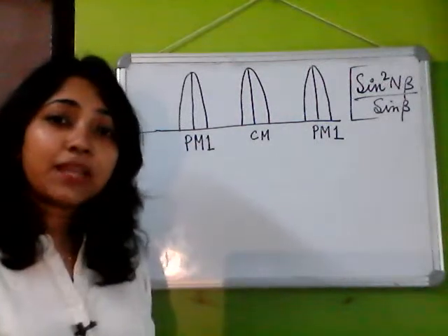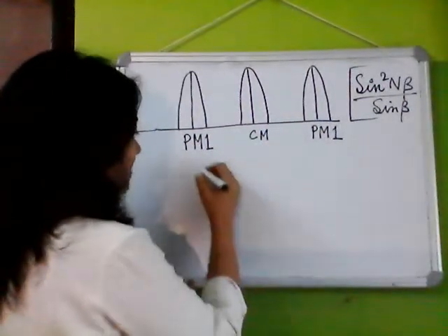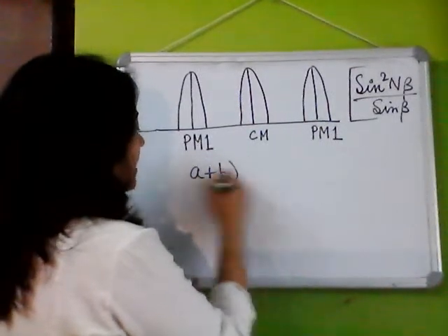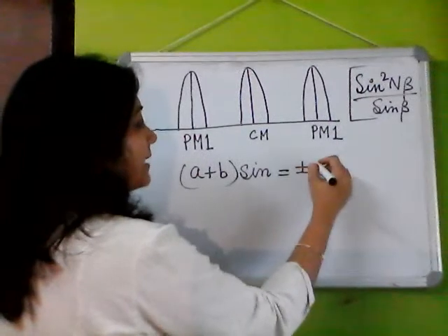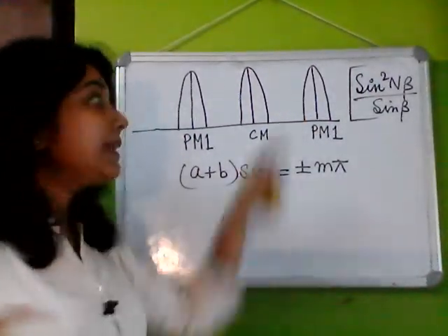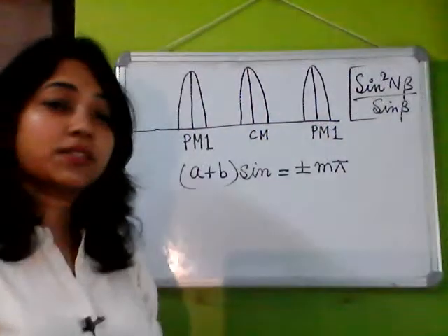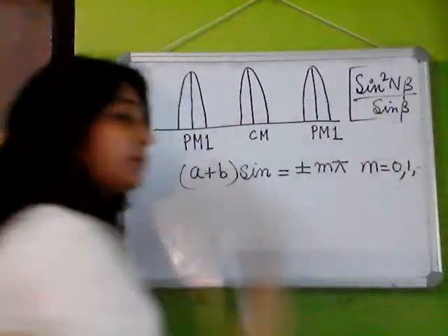and so on. However, in between these, remember, let me just write once again, A plus B sine theta is equal to plus minus m pi. These were the conditions for getting these primary maximas. M is equal to 0, 1, 2 and so on.